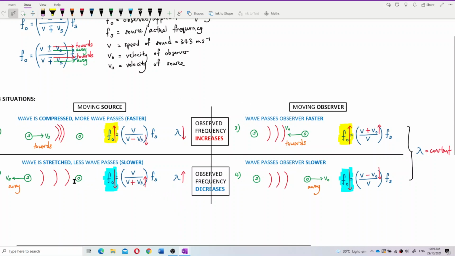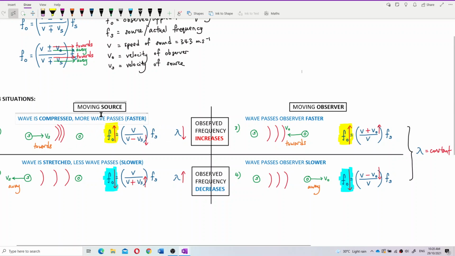And for the source moving away or the observer moving away, the observed frequency should always decrease. Moving towards, observed frequency always increases. Moving away, observed frequency always decreases. That's it.